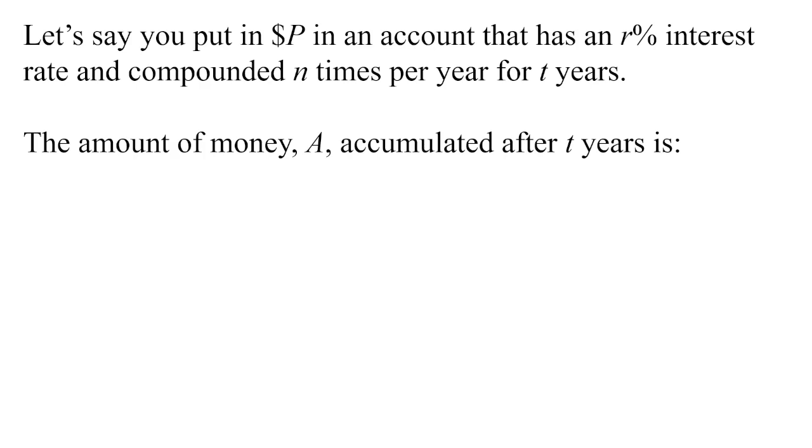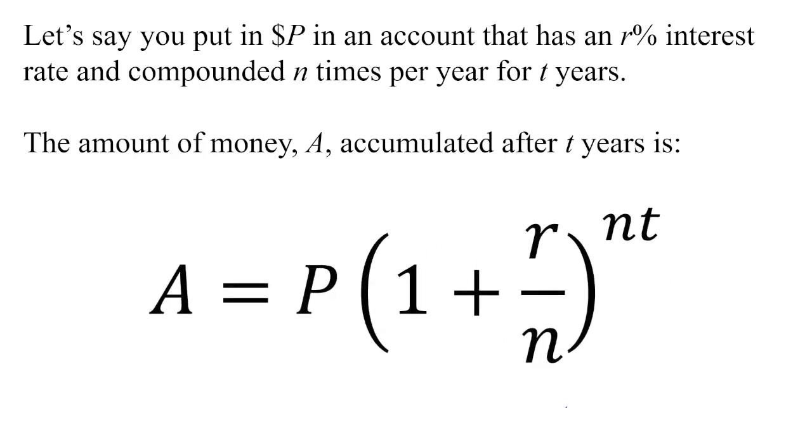The amount of money accumulated after T years is found out by using this formula. And by the way, P is called the principal. It's how much money that was put into the account.